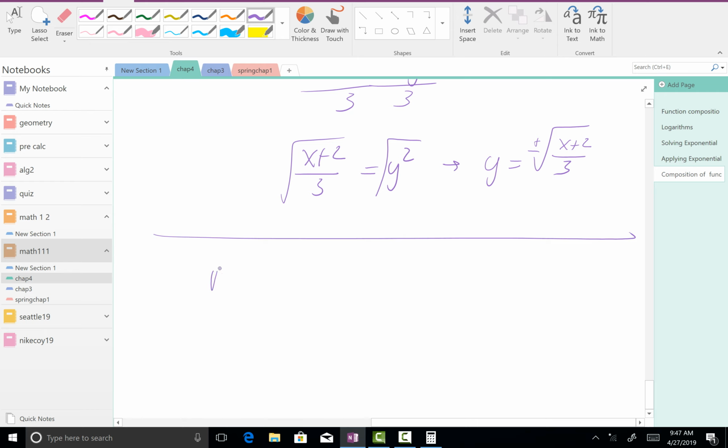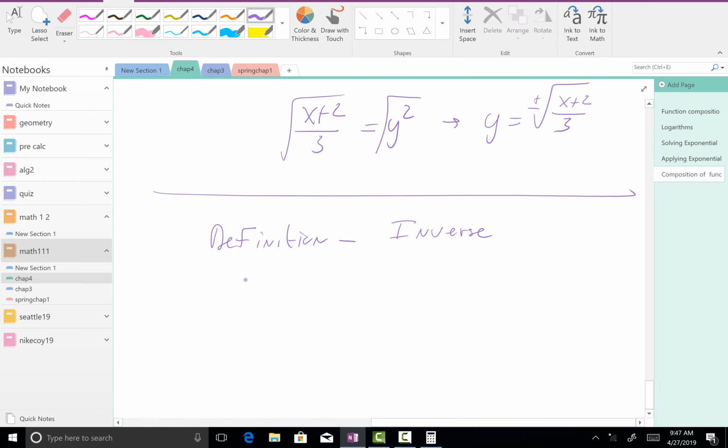Okay, so our real definition of an inverse, which we kind of did first, so the inverse of a function, say f of x, is the switching of the domain and range.